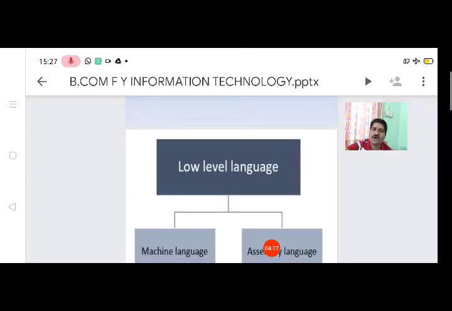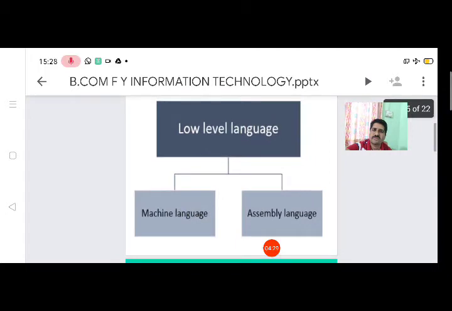First, low level language. Low level languages are the machine code, in which instructions are given to a machine in the form of 0 and 1 to a computer system.